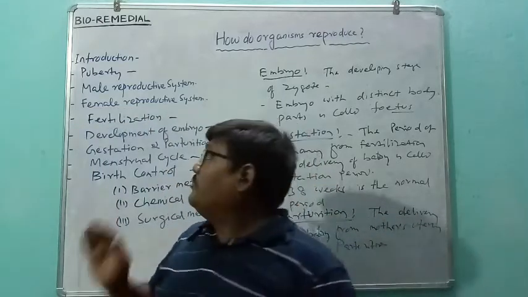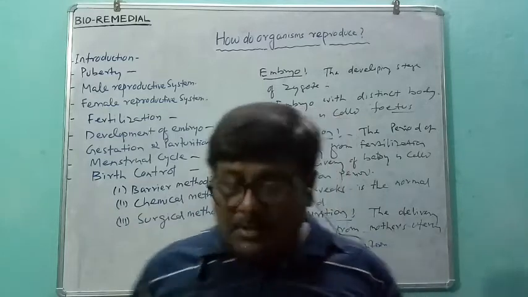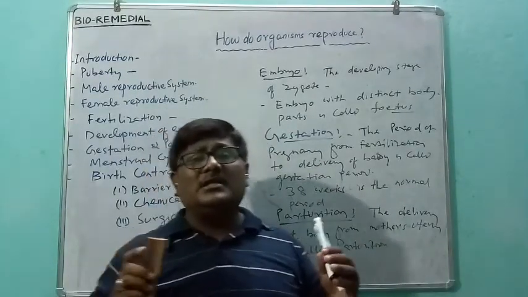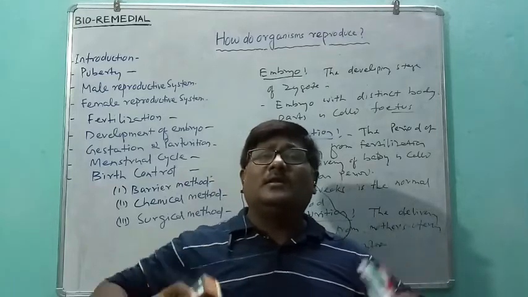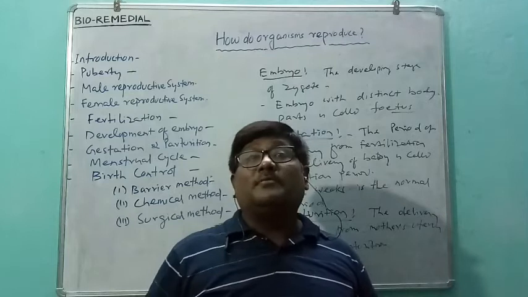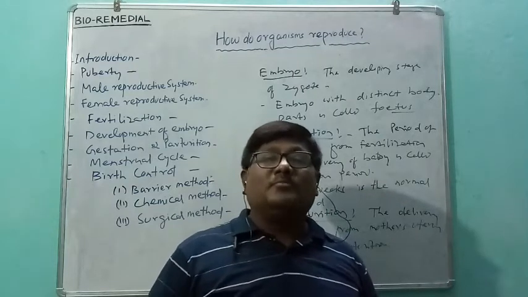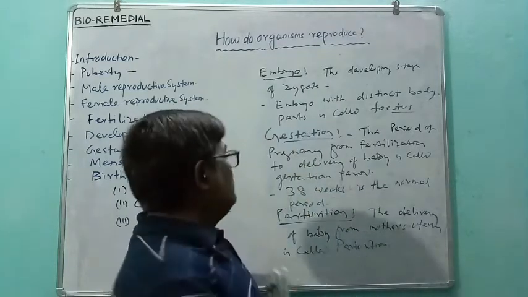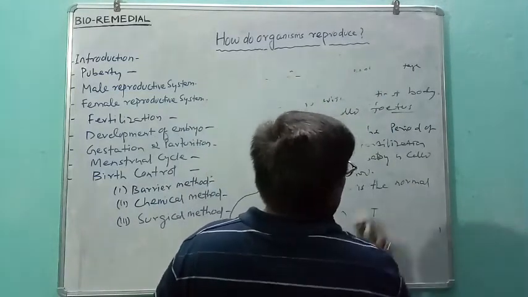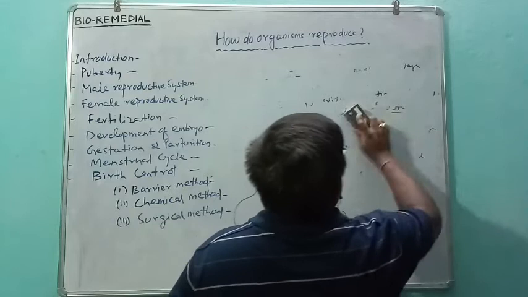Now we will understand the menstrual cycle. It is one of the important mechanisms occurring repeatedly on a regular basis, and it is very important for reproduction. That process is menstruation or the menstrual cycle. Imagine there is no fertilization.